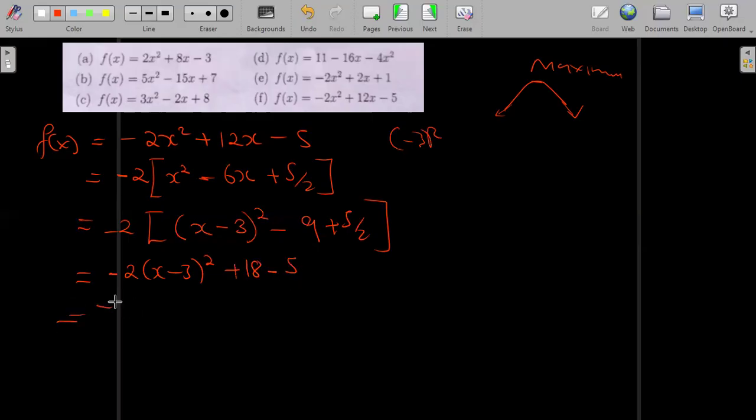Then I get negative 2 times x minus 3 squared. Subtract this, you get 18, is it? Okay, so you get a 13 like that. What do you need? You need your intercepts, you need your turning points.